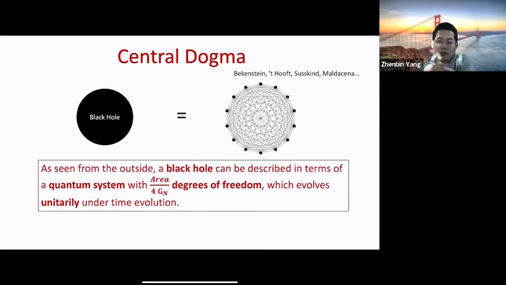The number of degrees of freedom is given by the Bekenstein-Hawking entropy formula, the area of the horizon divided by 4G Newton. In addition, it should evolve unitarily under time evolution. Today, I'm going to give evidence for the first part of the central dogma from low-energy gravitational path integrals.